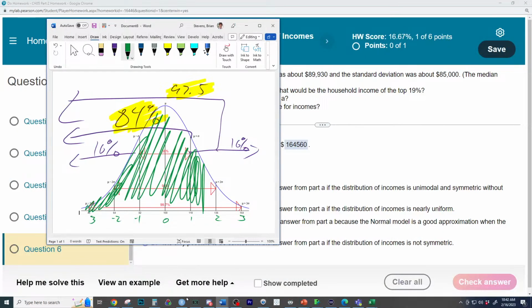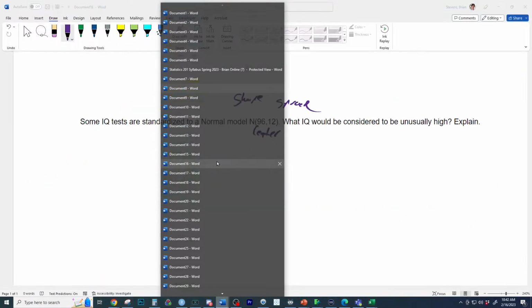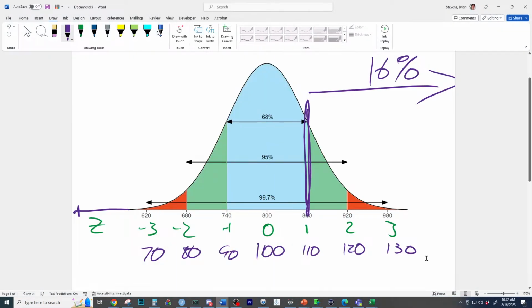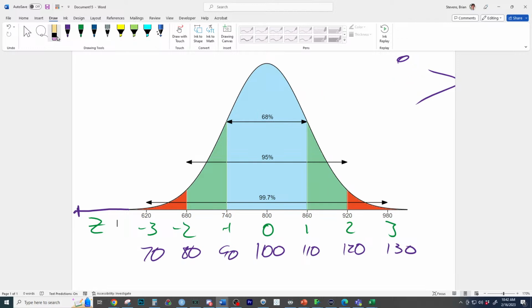If you have symmetric data like this, where do you generally see the mean and the median?